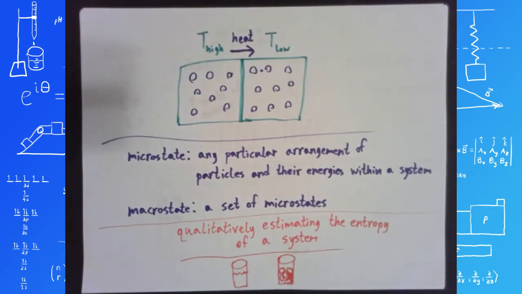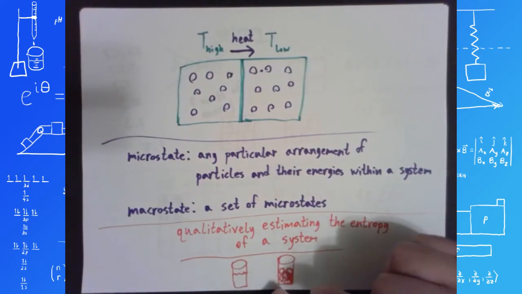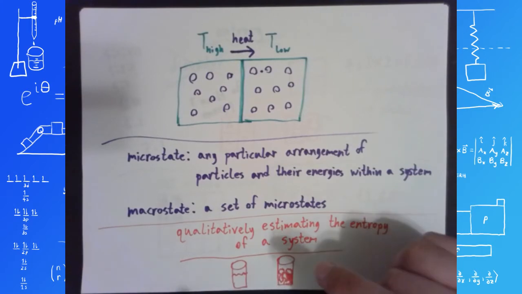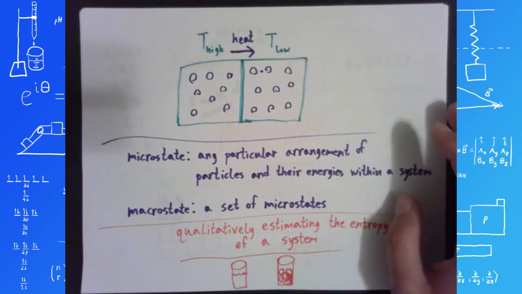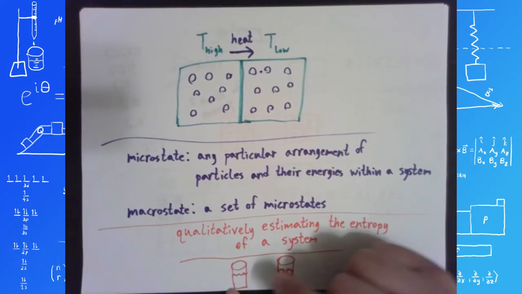So generally speaking, liquids tend to have higher entropies than solids, and gases tend to have higher entropies than liquids. Gases have even more freedom of movement because they're not even confined to a specific volume.